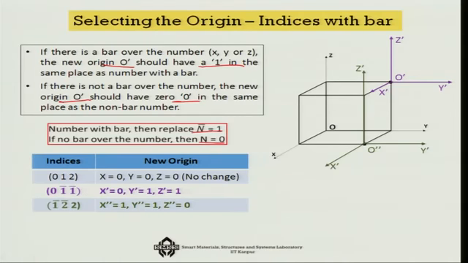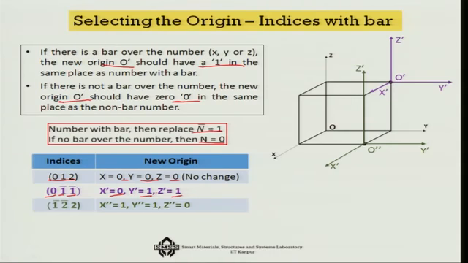Some examples, suppose you have 0, 1 and 2. Now, there is no bar, that means the new origin to define this can be 0, 0, 0. Suppose you have the indices 0, 1 bar, 1 bar, then the origin will become 0, 1 and 1, because all the bars are substituted as 1.